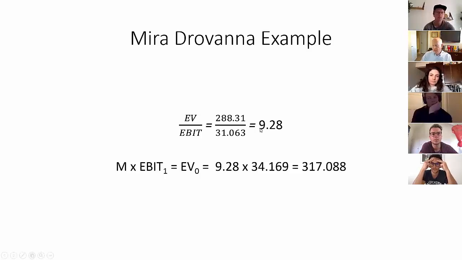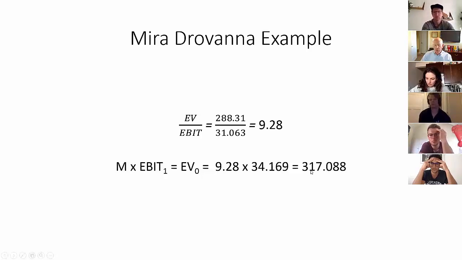Well, how can I use this as a valuation multiple, or model rather? Well, if I'm going to believe that multiple, I can then take that multiple and multiply it by the next year's EBIT. So in this case, the multiple times 34.169, which is this EBIT from the base year, simply advanced to whatever our growth is.